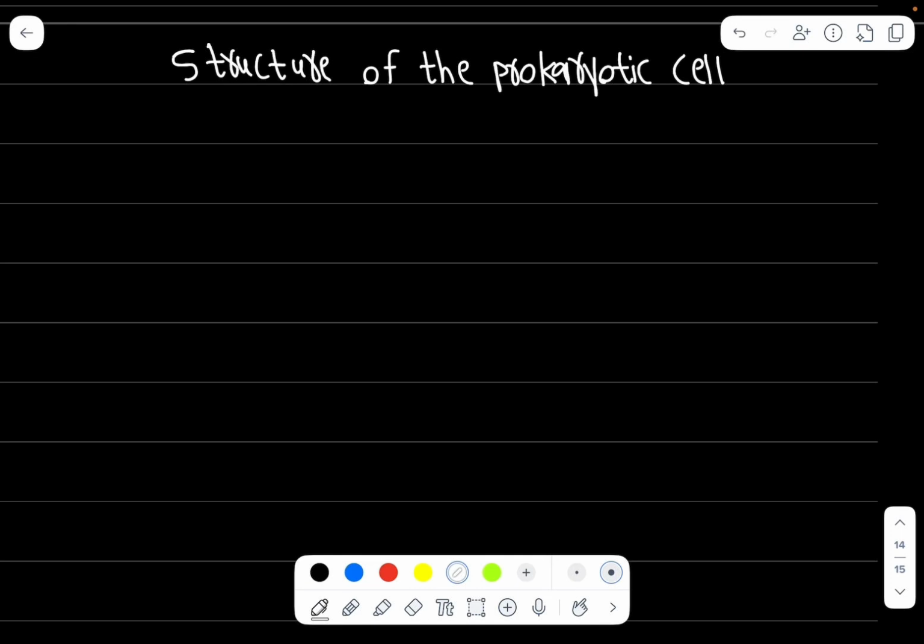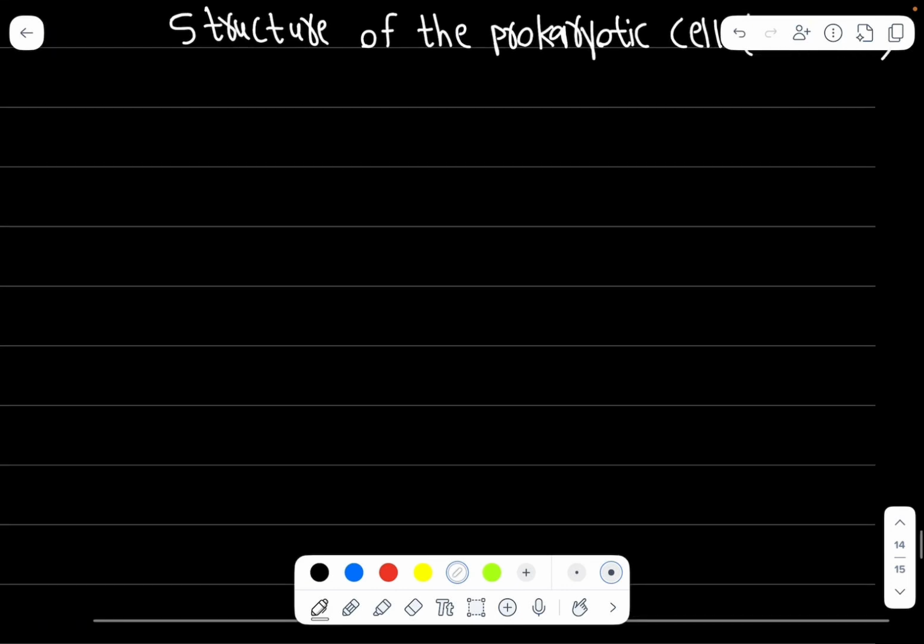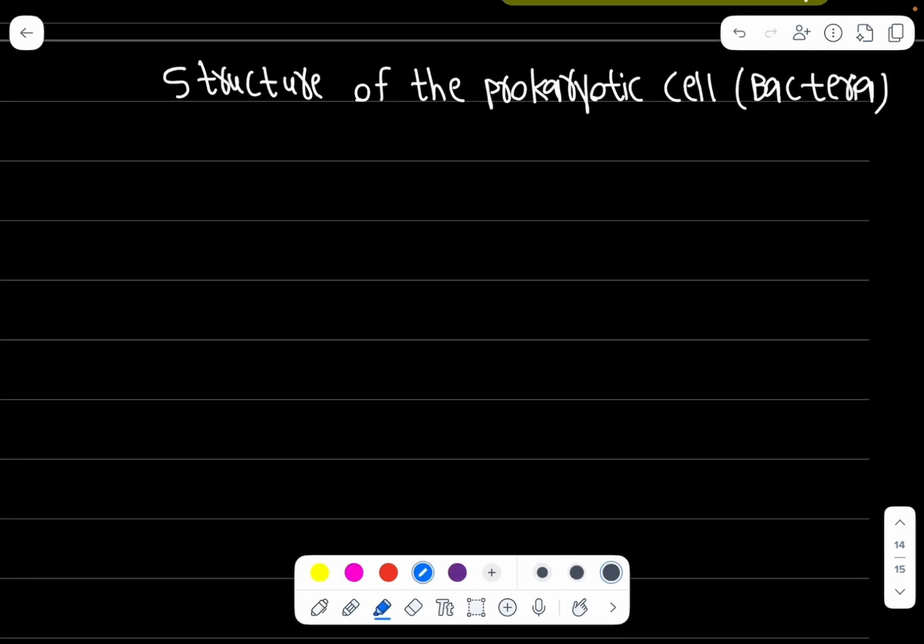You can also say this is the structure of the bacteria. So in exam, if the examiner asks you about the structure of the bacteria, you can tell them easily after studying from me. Alright. So we are going to draw the structure of this.